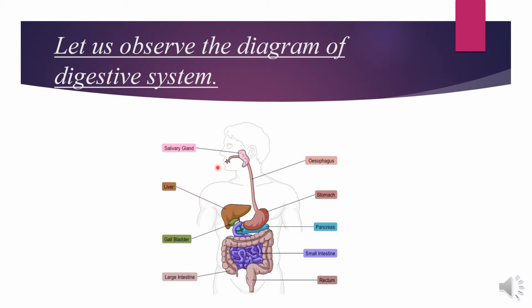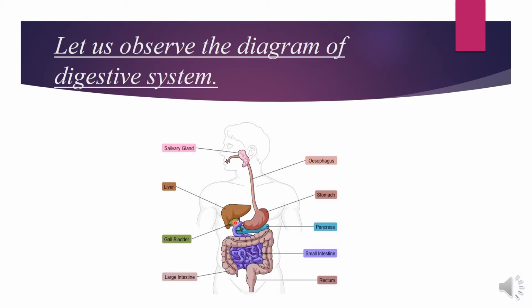In the mouth we have the salivary glands, students. Esophagus, also called the food pipe, is also important. Stomach is also important here. This is the liver. The liver is the most important because it releases bile juice.